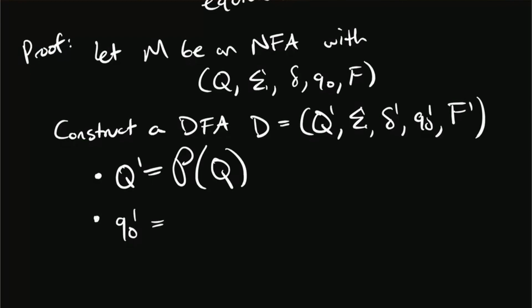Yeah. So each of the DFA states corresponds to a set of states in the NFA. Well, the DFA state, the Q0 prime here, what is it going to correspond to in the NFA? A set of states.